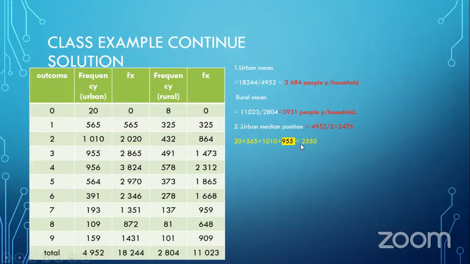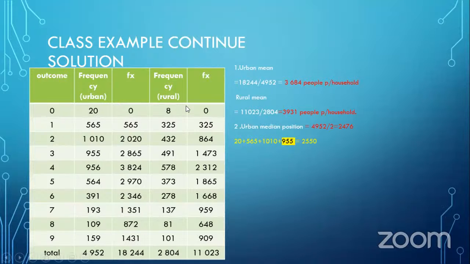So we divided the 4,952, the total of the households, by 2. That is how we calculate the median, the middle position. So why isn't this my answer?